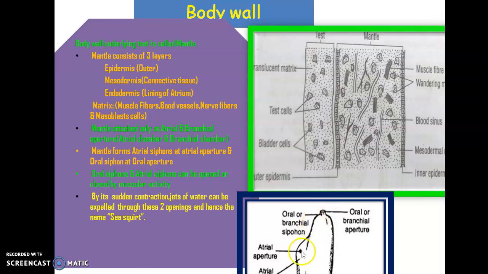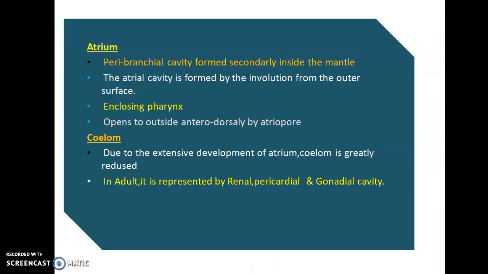These oral and atrial siphons can be opened or closed by muscular activity. By the sudden contraction of these siphons, what happens? Jets of water are expelled through these 2 openings, and hence it is called the what? Sea squirt. Clear?